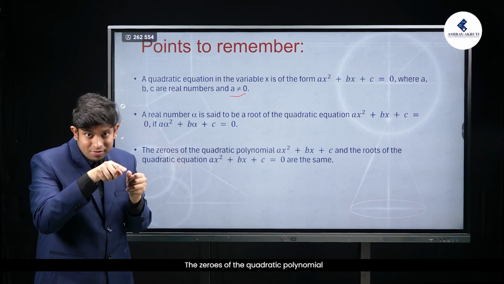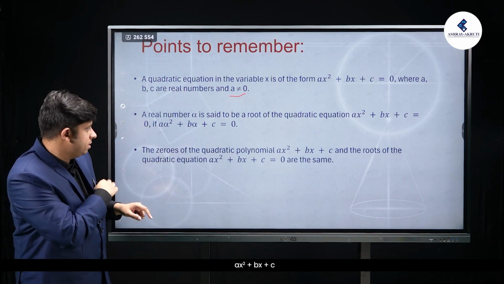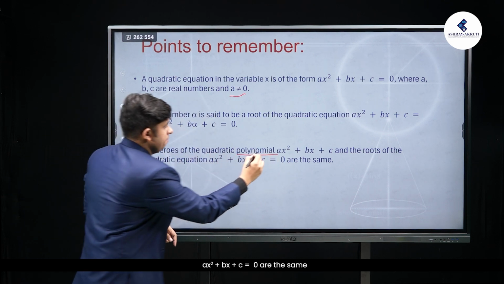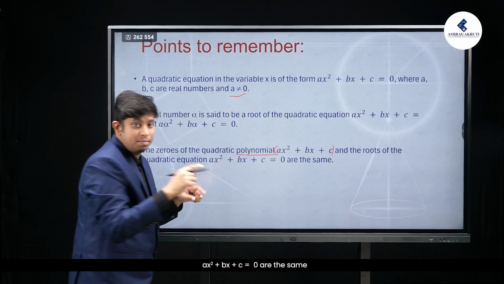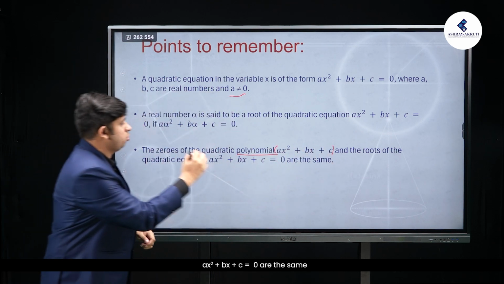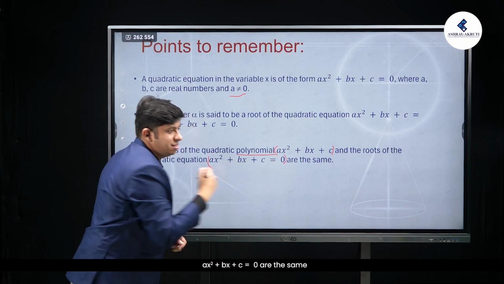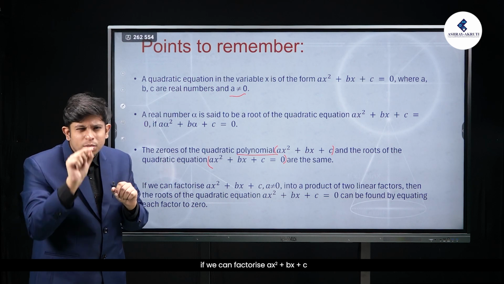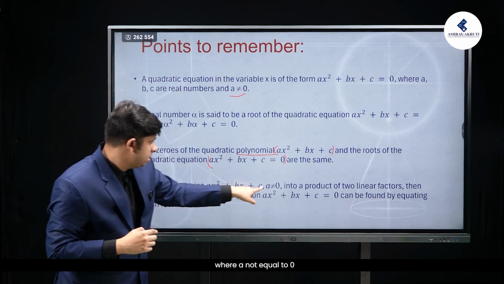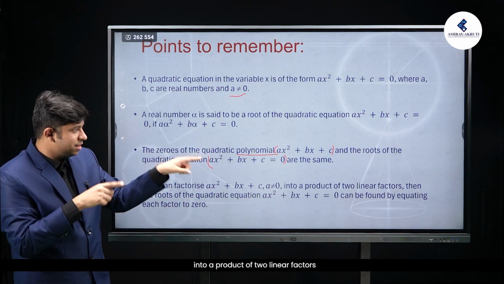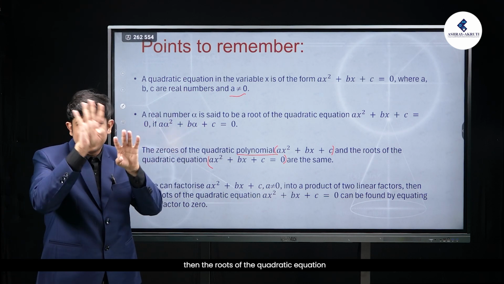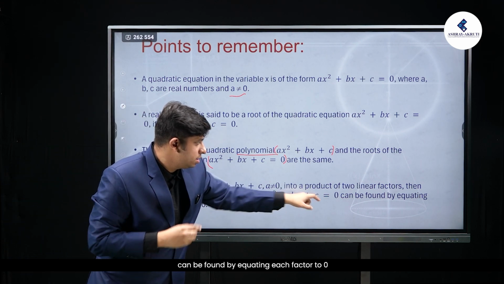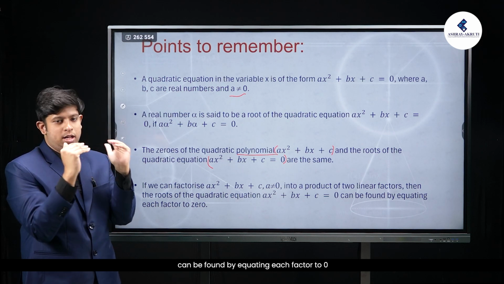The zeros of the quadratic polynomial ax square plus bx plus c and the roots of the quadratic equation ax square plus bx plus c is equal to 0 are the same. If we can factorize ax square plus bx plus c where a not equal to 0 into a product of two linear factors, then the roots of the quadratic equation can be found by equating each factor to 0.